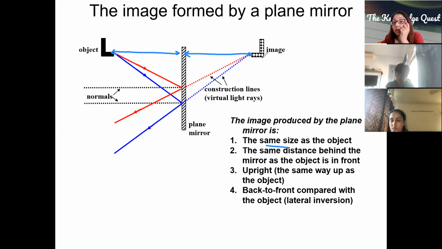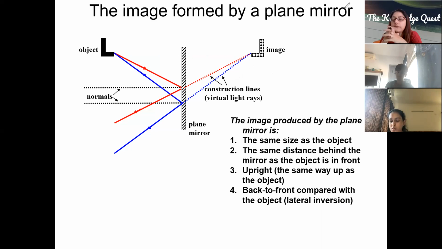The object was erect and the image is also upright, erect the same way as the object, but the image is laterally inverted. The left becomes right and the right becomes left. So these are the properties of a plane mirror.